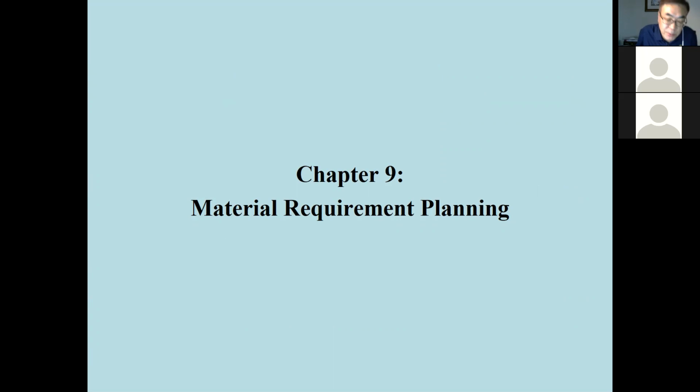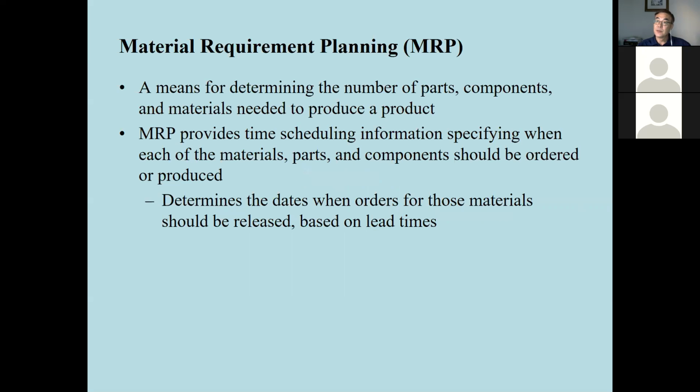Screen. Chapter 9, Material Requirement Planning. Simply, we call this the MRP system. The MRP system is a means for determining the number of parts, components, and materials needed to produce a product.